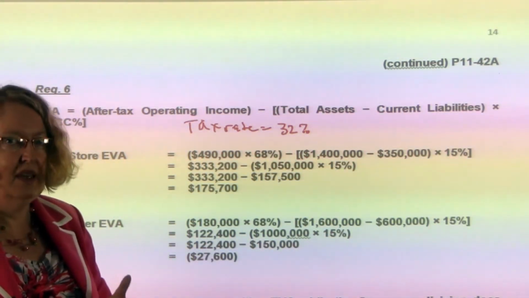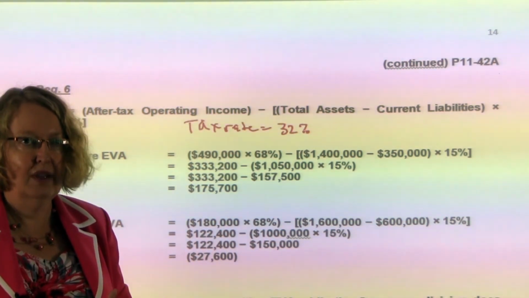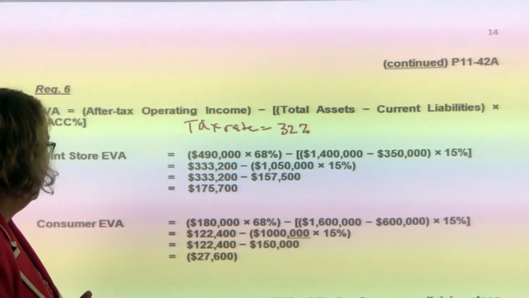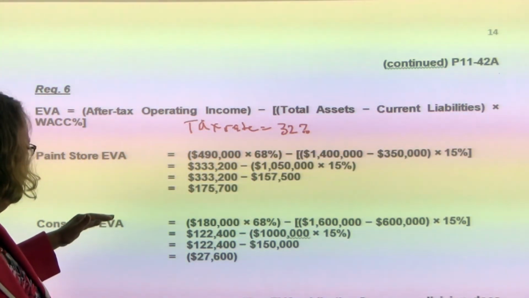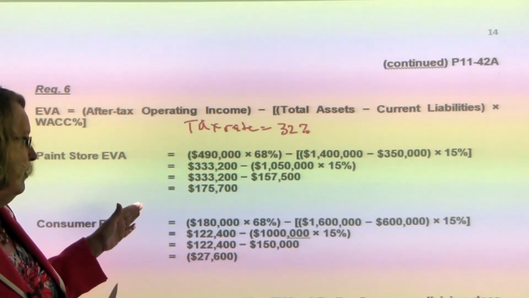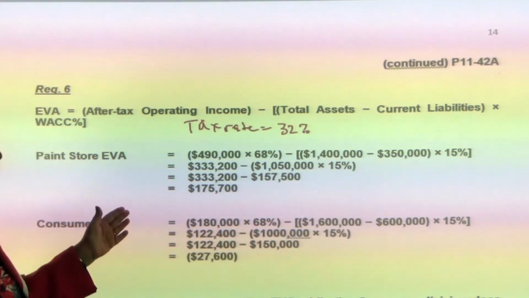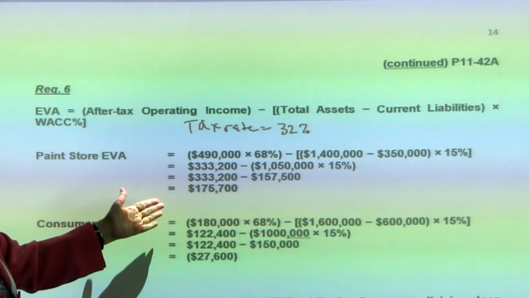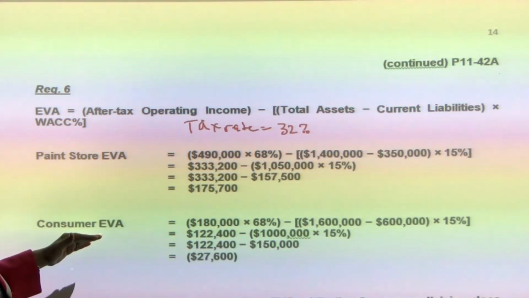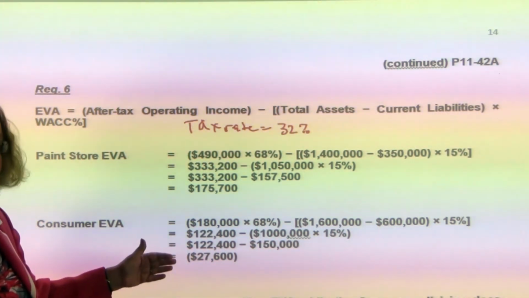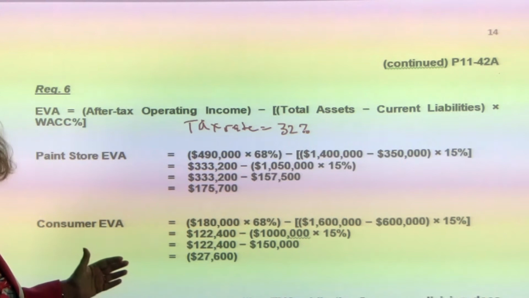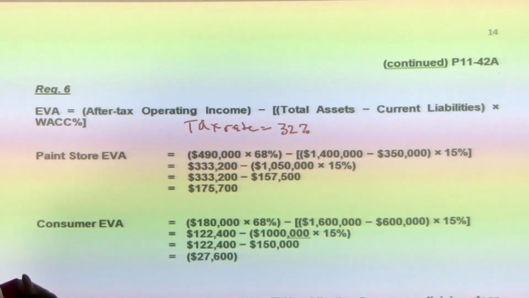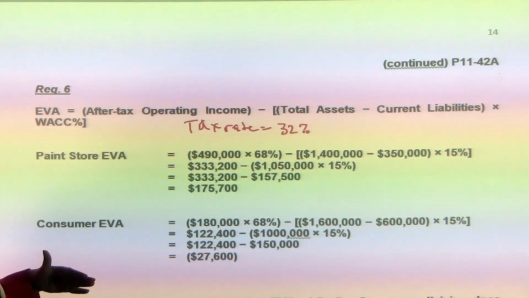And again, you would be given that information as to what the company's weighted average cost of capital is. So here we can see that the economic value added for the paint division is $175,000. But for the consumer division, it's actually a negative economic value added. So they're just not creating the level of income. They are making money.